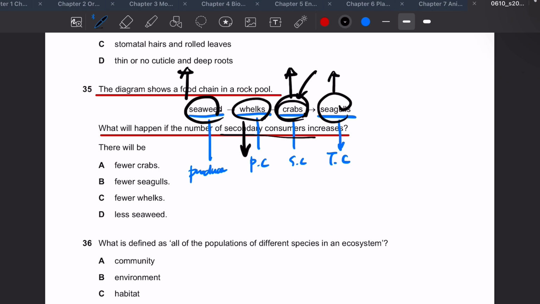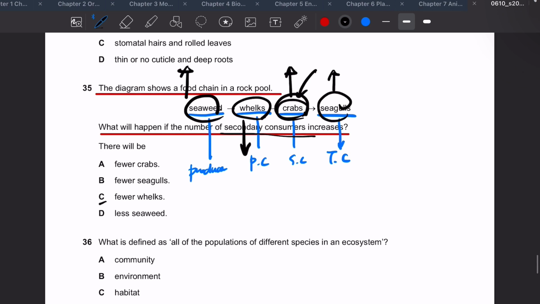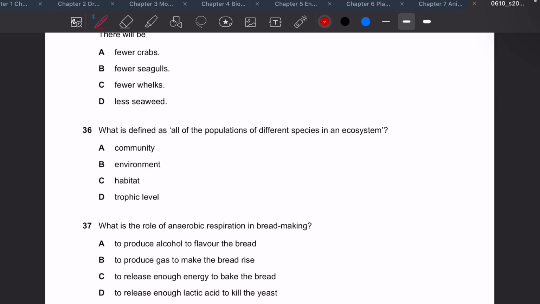So the answer should be C, fewer whelks. Okay, cool.